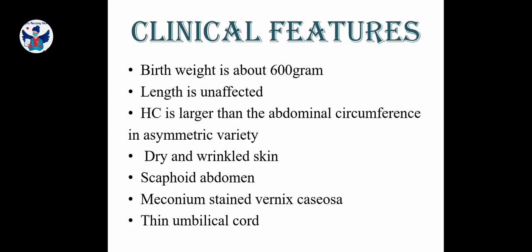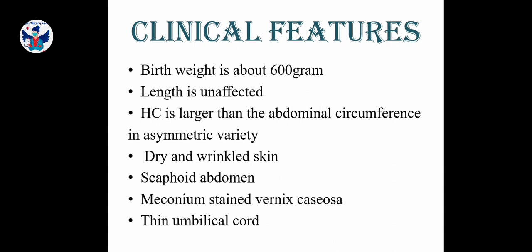Next, clinical features. Birth weight is about 600 gram. Here, the fetus won't get adequate weight gain. So, the birth weight is reduced, and the length of the baby remains the same. So, it is unaffected, and the head circumference is larger than the abdominal circumference in the asymmetrical variety, and dry and wrinkled skin.